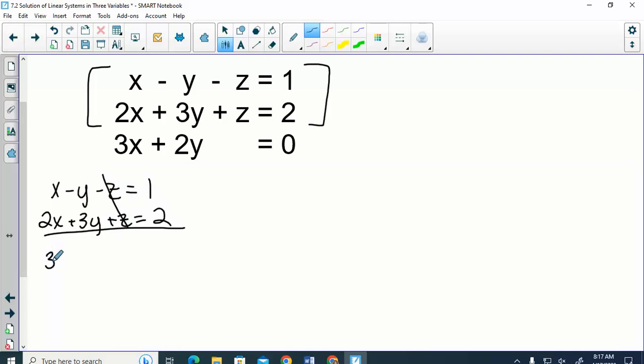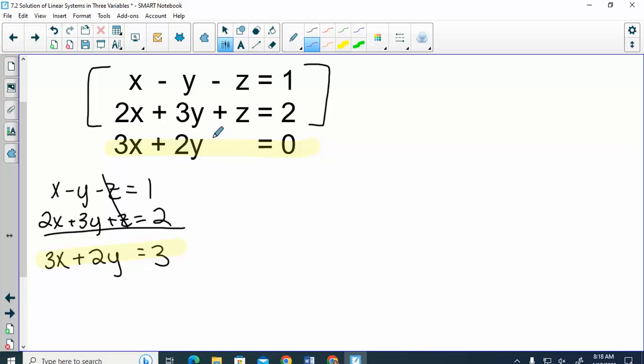Those z's drop. And then notice, we have two equations, and neither one has a z, so can't I go ahead and put those together?